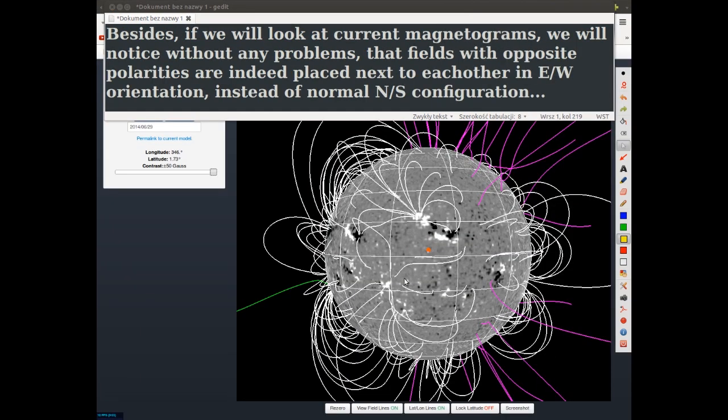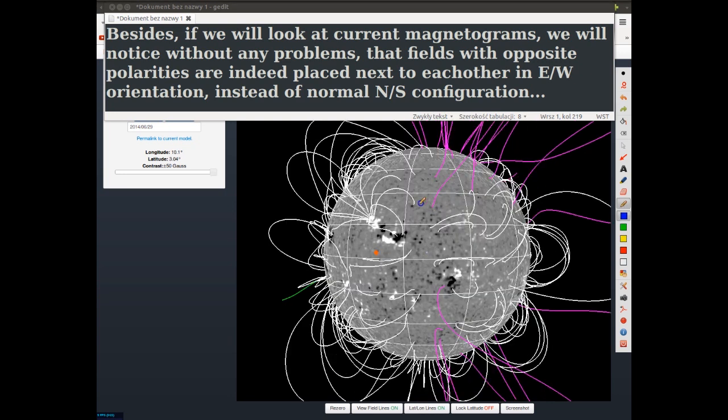Besides, if we look at current magnetograms, we will notice without any problems that fields with opposite polarities are indeed placed next to each other in an east-west orientation, instead of the normal north-south configuration.